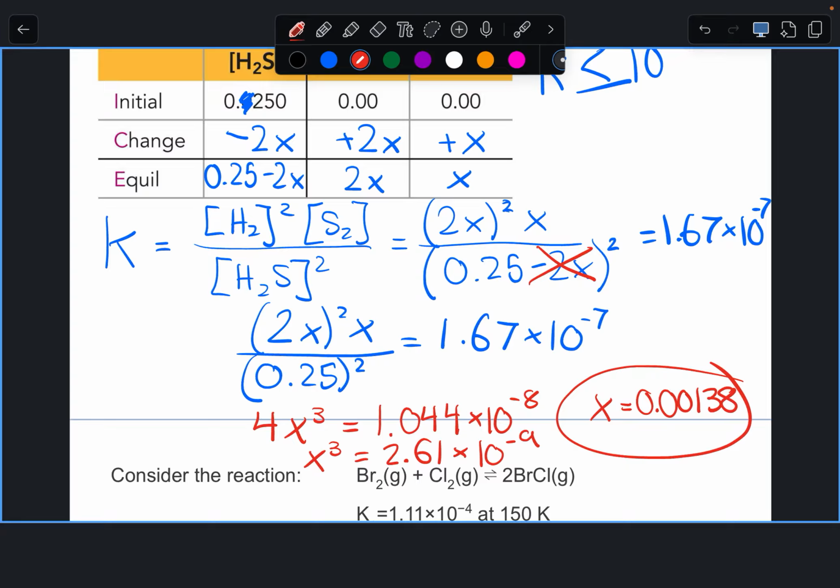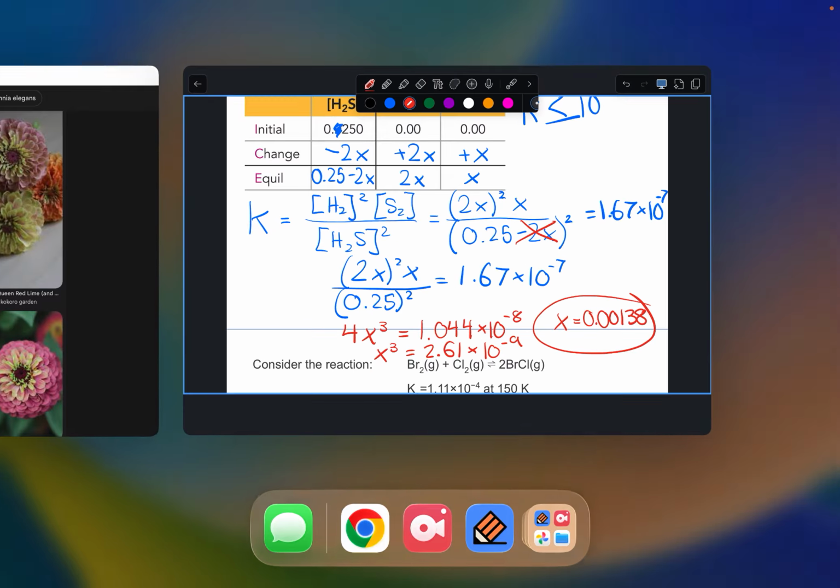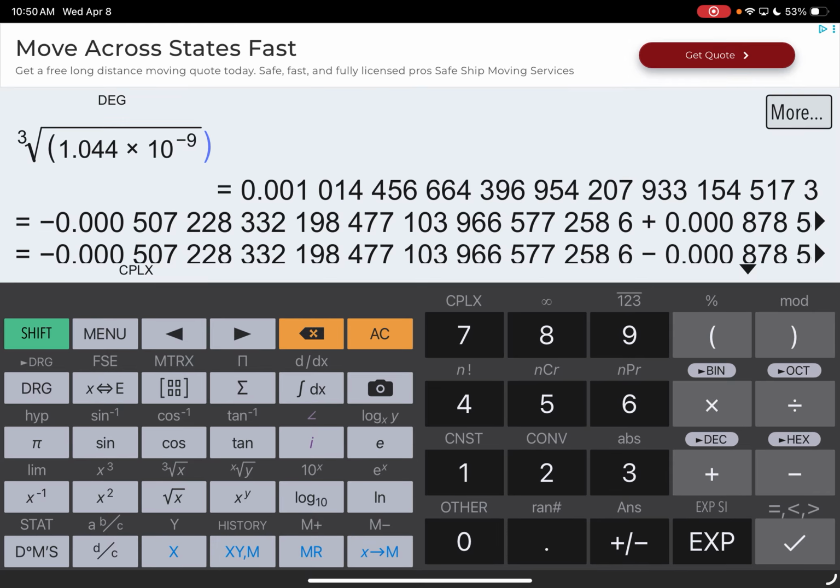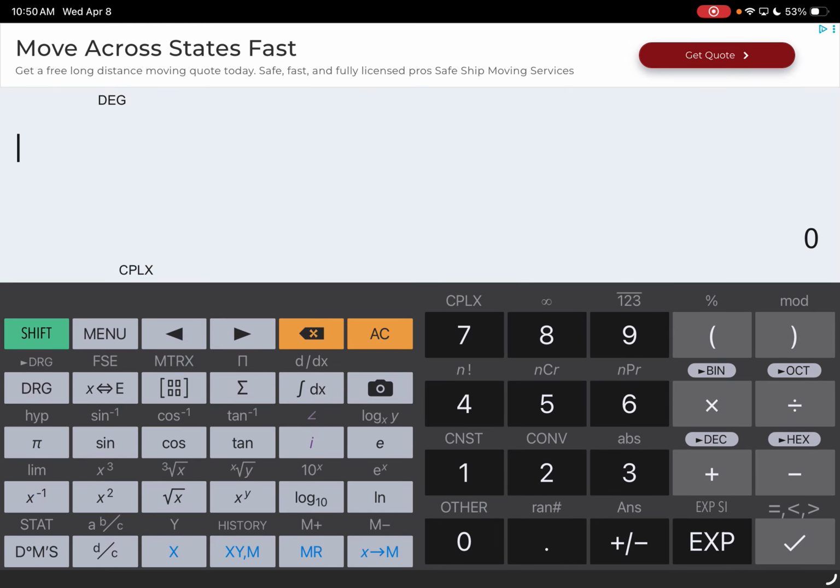So really, by making that assumption, we eliminated the x squared term, or the x term for that matter. So as long as you only have the x cubed, you can take the cube root. So let me just show you what it looks like on my calculator. This is what I'm looking for, 3 root whatever, or yours might look like this, x and y.